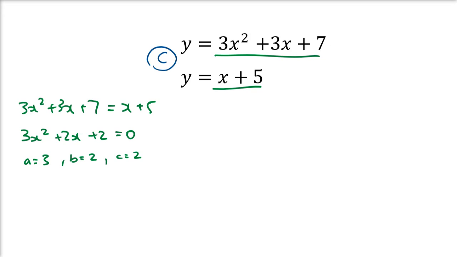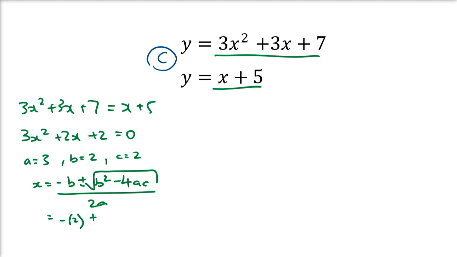So x equals minus b plus and minus the square root of b squared minus 4ac, all over 2a. So that's negative 2 plus and minus the square root of 2 squared minus 4 lots of 3 lots of 2, all over 2 lots of 3.